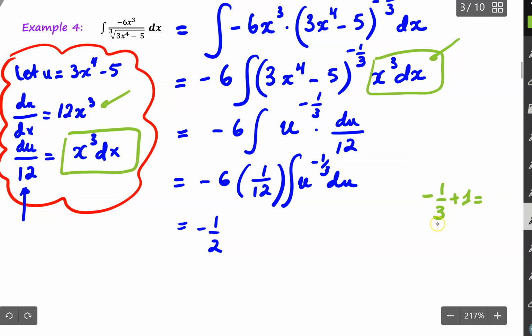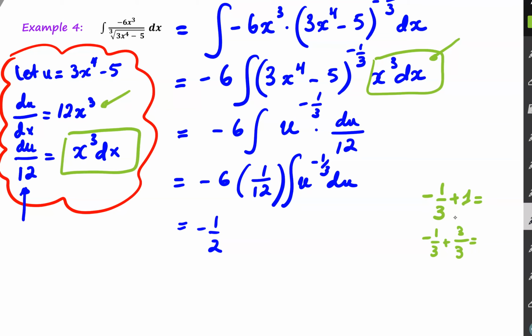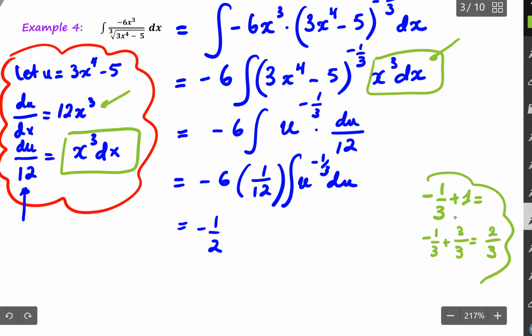So -1/3 plus 1. You can use your calculator, or let me show everyone a quick way of adding the fraction here. I should have 2/3 as the answer. Is that right? Okay, 2/3.